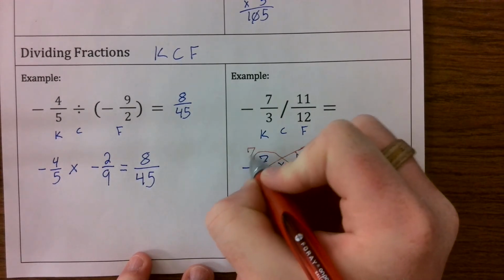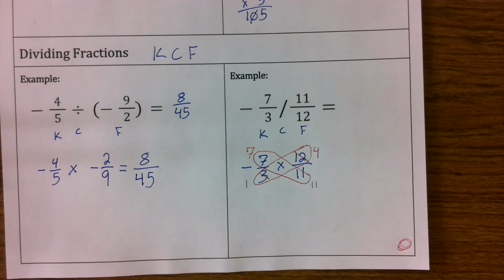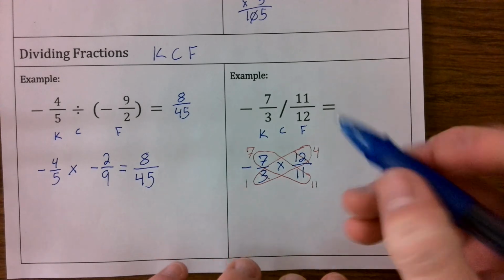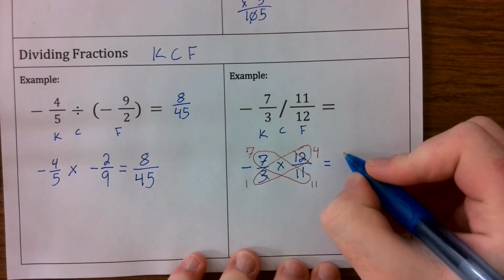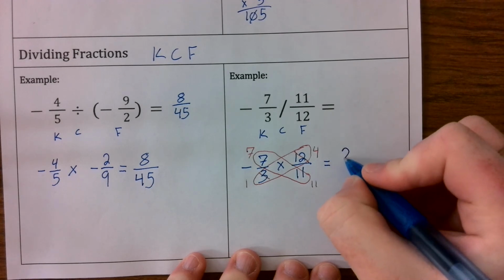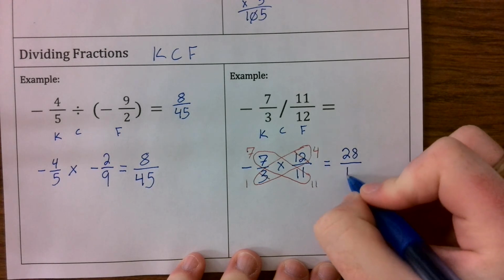We cannot simplify those two. We did simplify a little, which helps. So now we can go ahead and multiply. 7 times 4 gives us 28. 1 times 11 gives us 11.